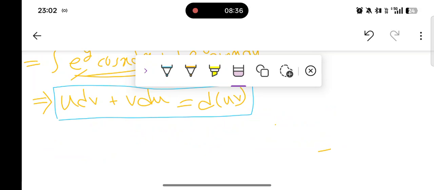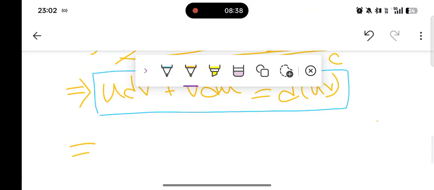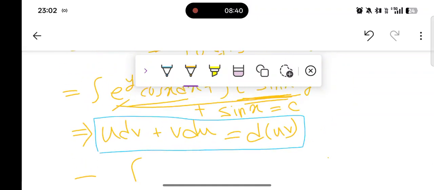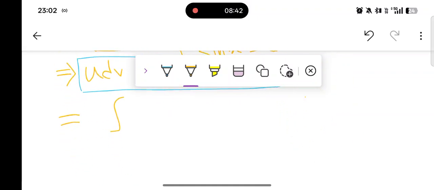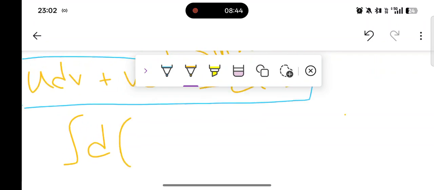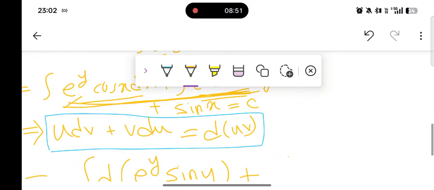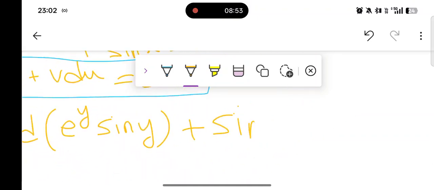Now I am writing the correct statement, which is nothing but what? This is the integration. This part is nothing but the integration of d of e to the power y sin x, right? Plus this is what? Sin x. Sin x equals c.